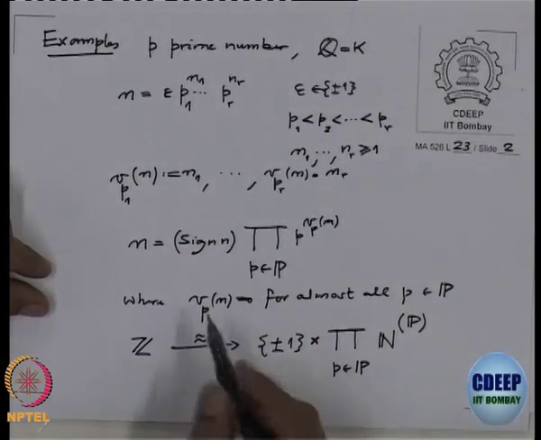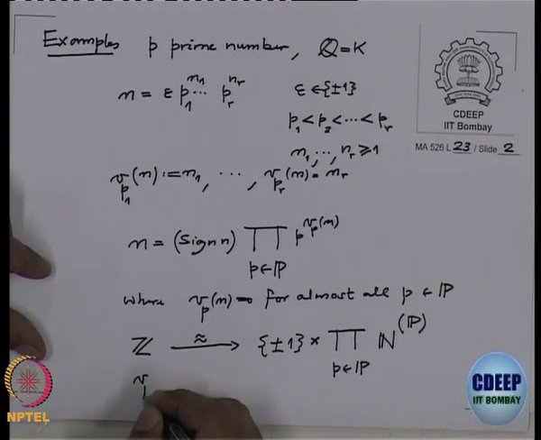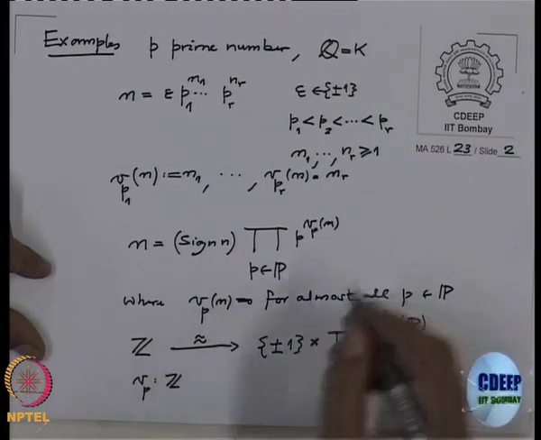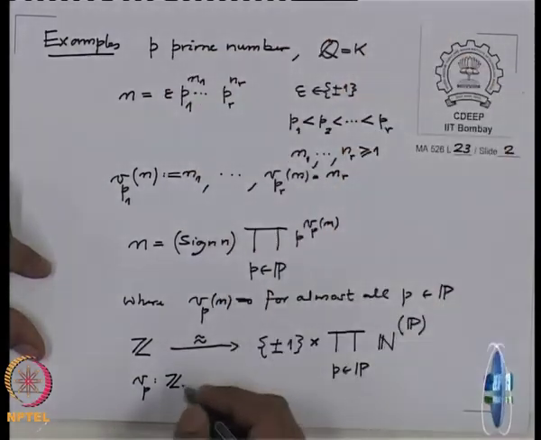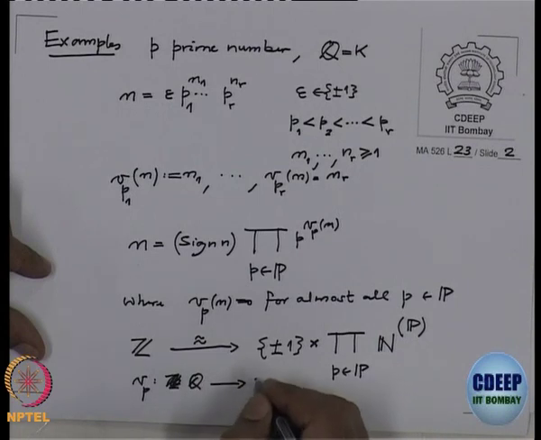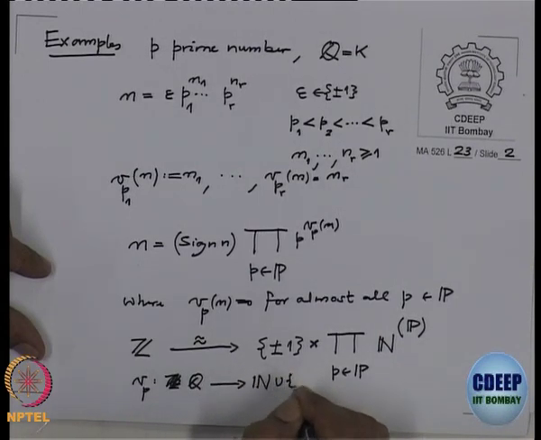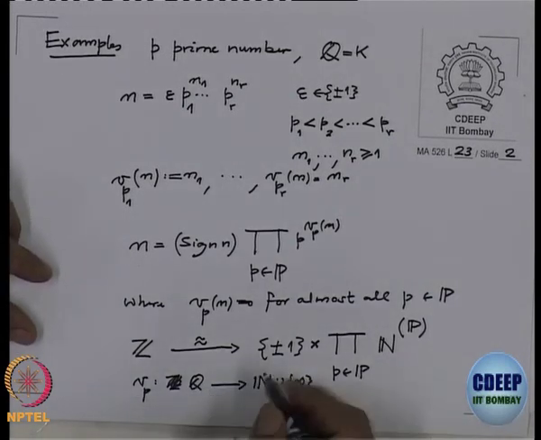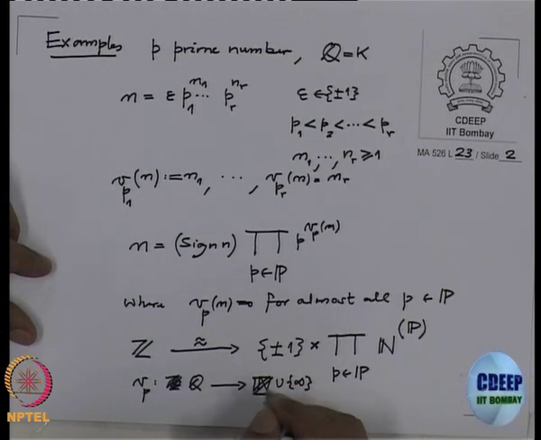Think of VP as a map from Z, and you can also define it for Q, so it is generally a map from Q to N union infinity. Now for Q, therefore, we have to take Z here.